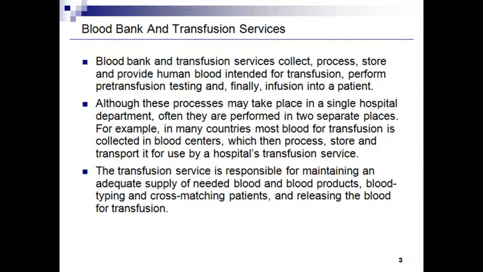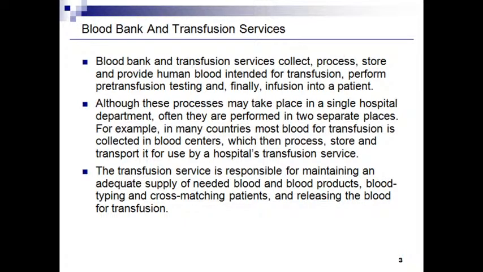Often these processes may take place in a single hospital department, often they are performed in two separate places. For example, in many countries, most blood for transfusion is collected in blood centers, in special referral centers, which then process, store and transport it for use by hospitals' transfusion services.